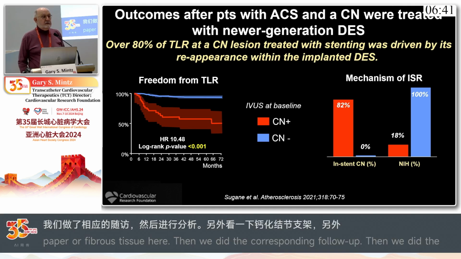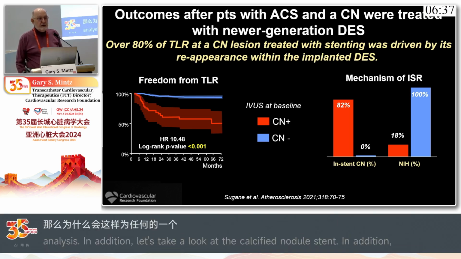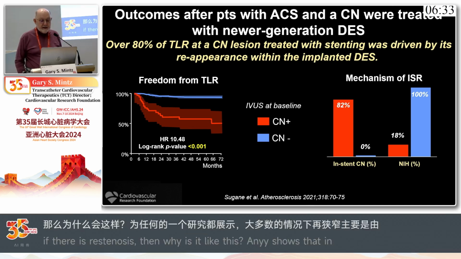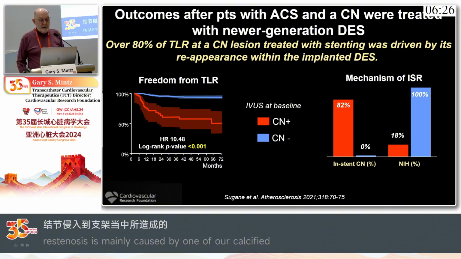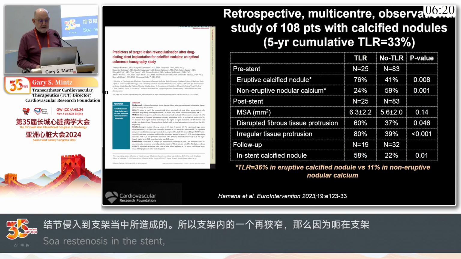And every single study shows that most of the time restenosis is caused by reintrusion of the calcified nodule into the stent. In this study, over 80% of in-stent restenosis were because of reappearance of the calcified nodule inside the stent, and in this study, it was about 60%.